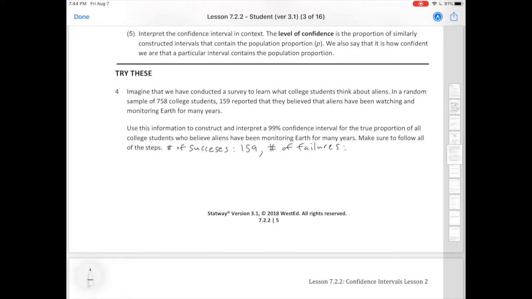We're going to do 758 minus 159, and we end up with 599. And both of these are at least 10. So normality holds.